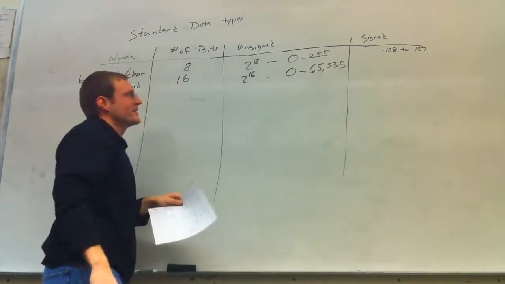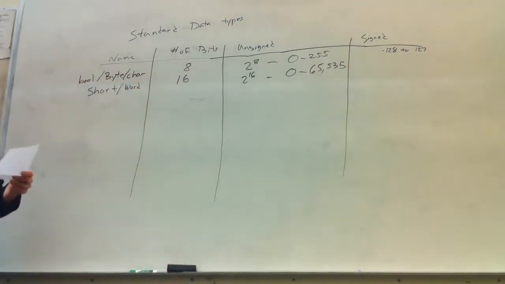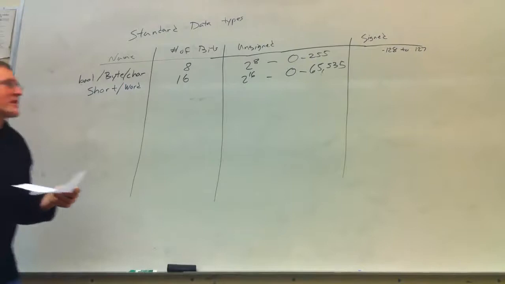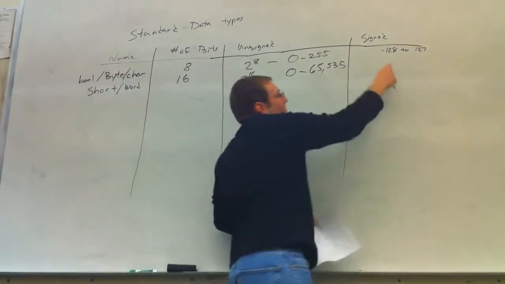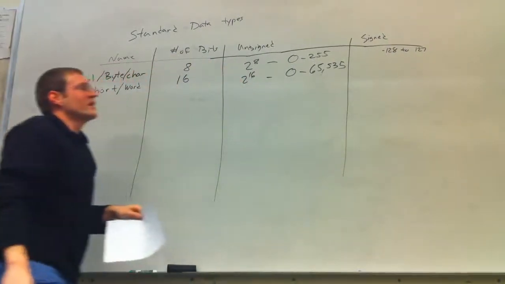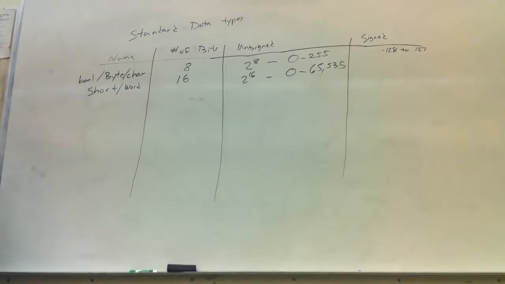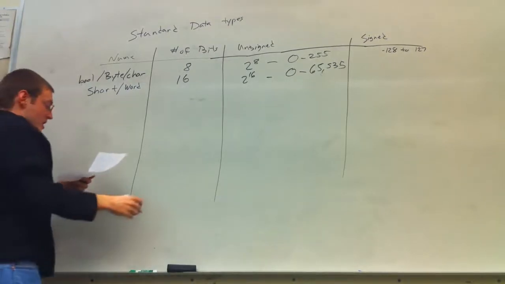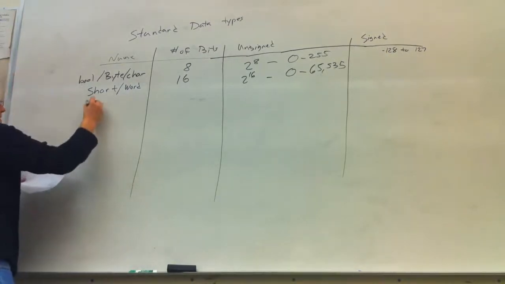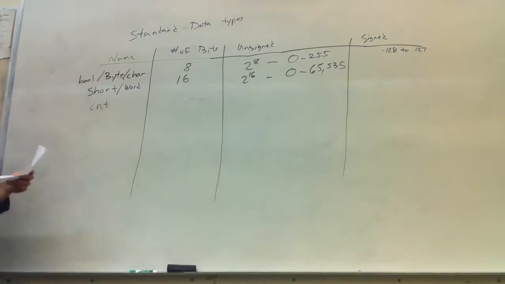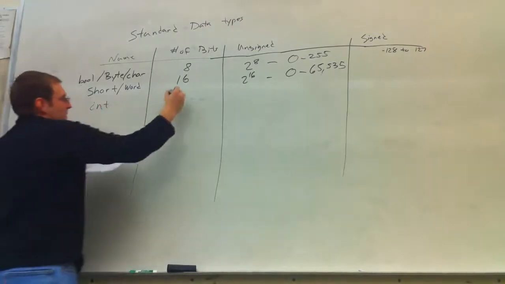The reason we get one more negative number is because we counted 0 as a positive number. So 0 is in the 127. Next, we have int, which is 32 bits.